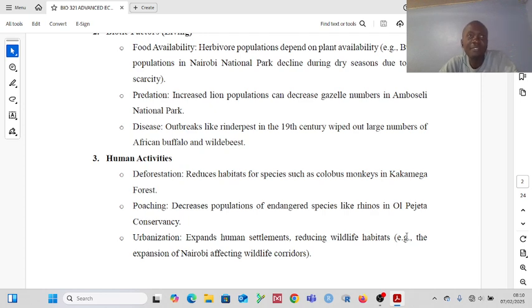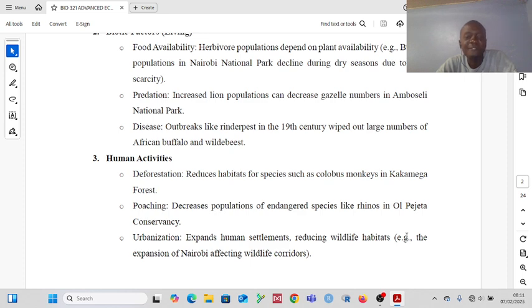I think recently, the president or the deputy president came to Trans Nzoia, towards the border of Trans Nzoia and Uganda, and they talked of clearing around 50 acres of the forest so that they can create a border market. So you can think of that.